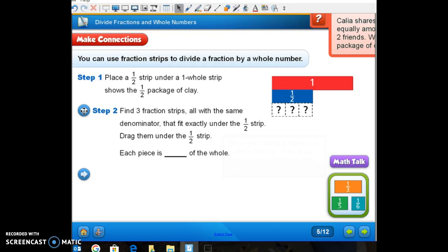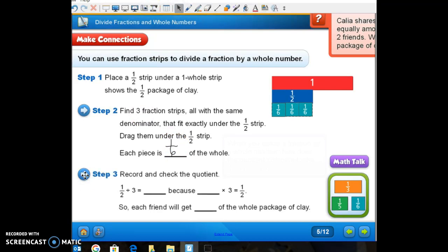Drag them. Are the fifths going to work? No, they're too big, aren't they? So 1/6 fraction strips fit under there. Each piece is 1/6 of a whole.